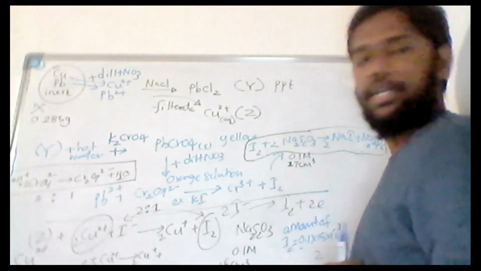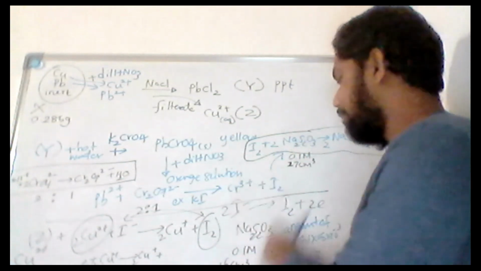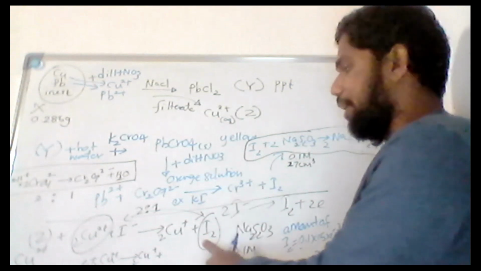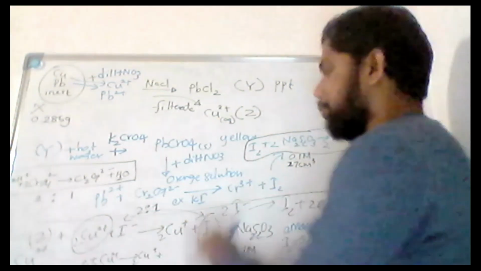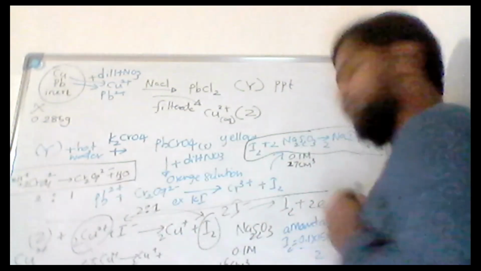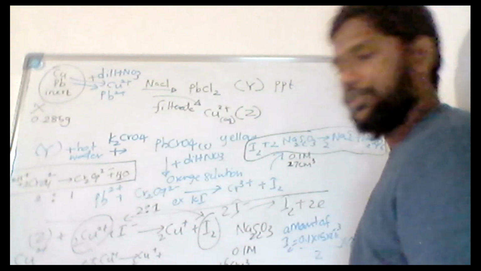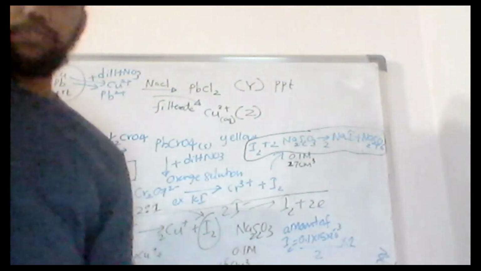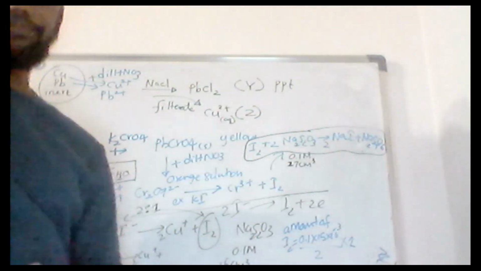That is one thing. The second thing is, when you find the amount of I2 here, according to this equation, copper 2 plus is 2 times the I2 value. So you again multiply this by 2. So what is happening there? Automatically, divide by 2 multiplied by 2 is going to cancel out. Okay, but you are here now.